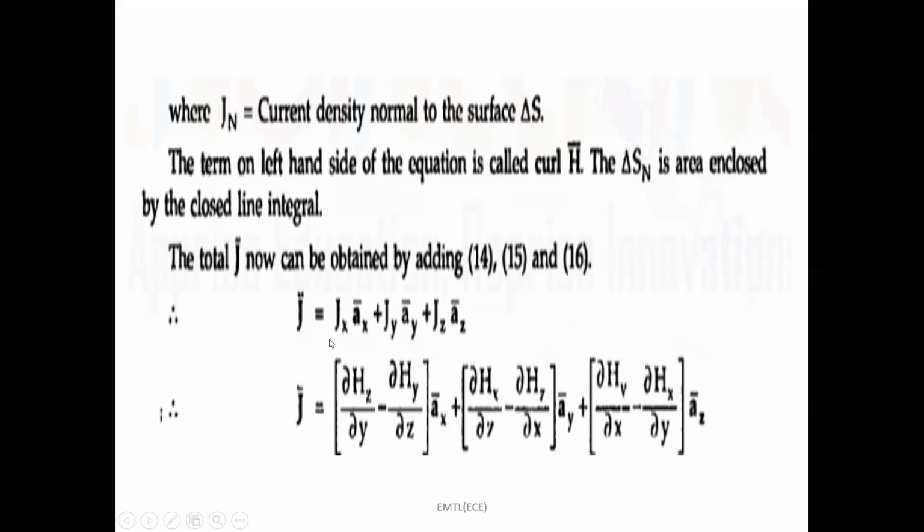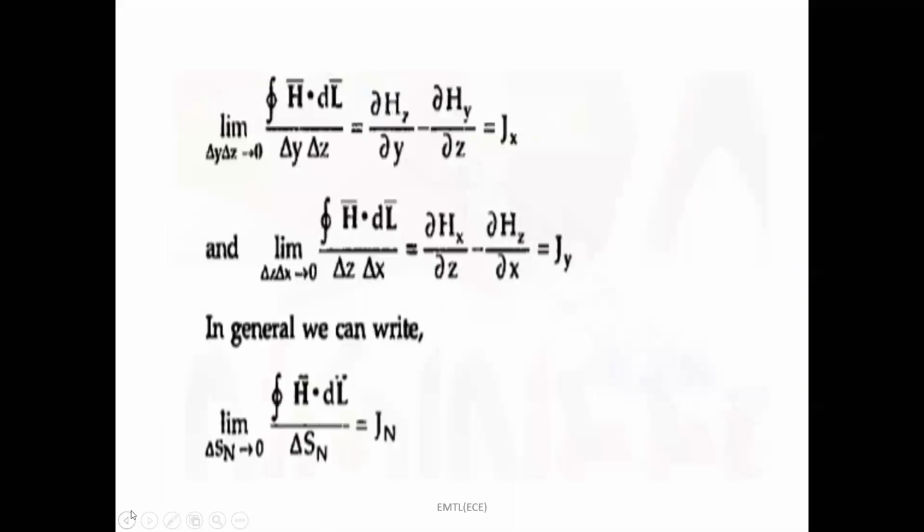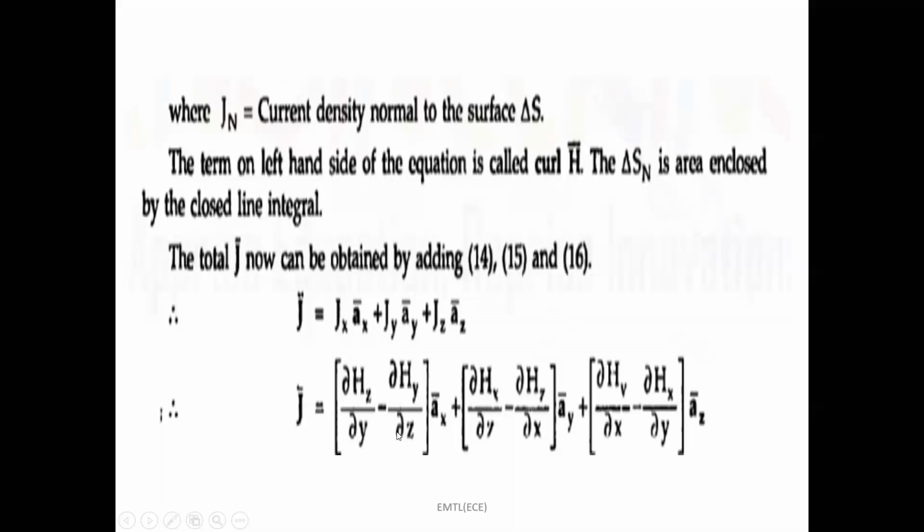Now we have to substitute the Jx value here. So what is the Jx value? This is the Jx value: dou Hz by dou y minus dou Hy by dou z. Now substitute here, similarly the Jy value and the Jz value.